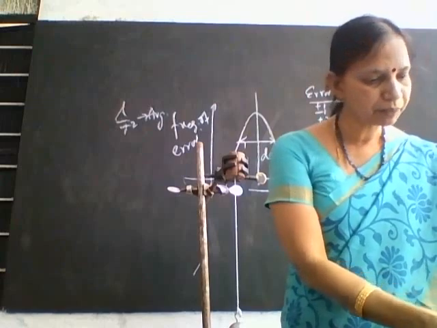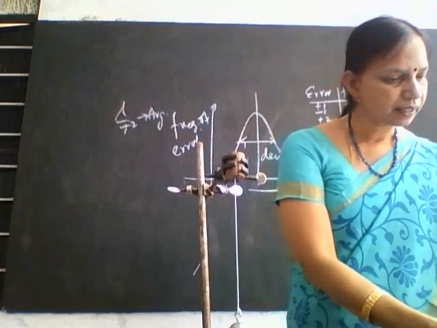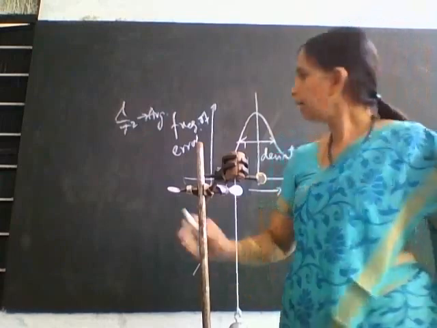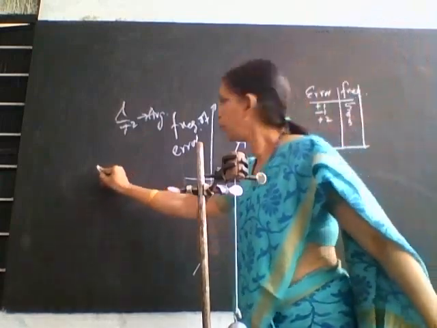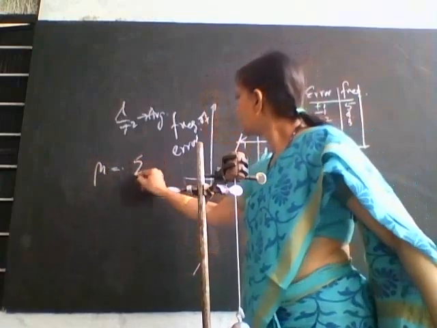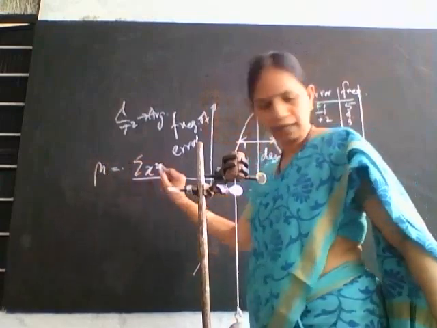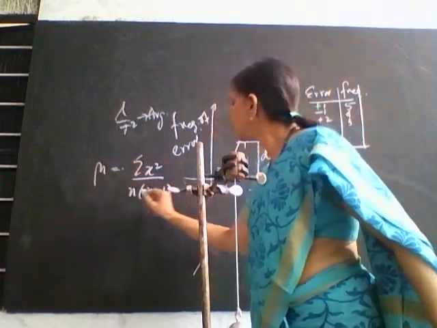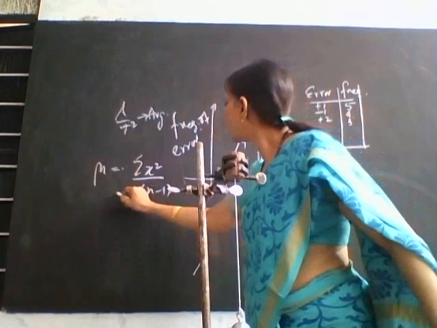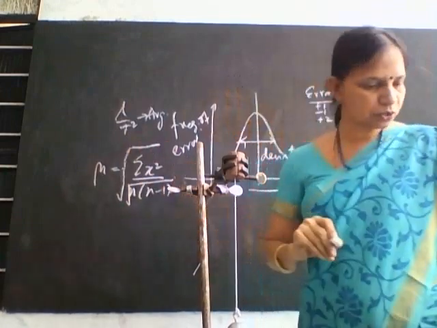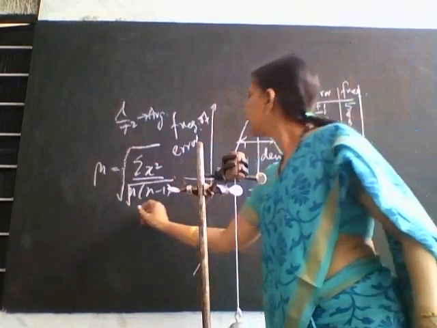What is the formula? The formula is: the standard error is given by mu is equal to the square root of summation x square divided by n into n minus 1.